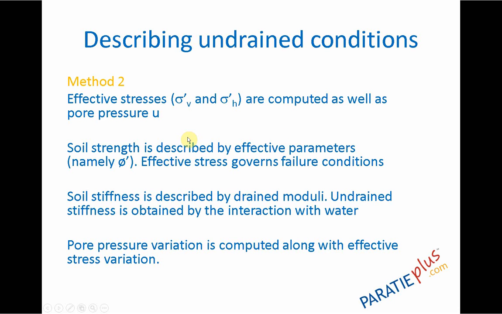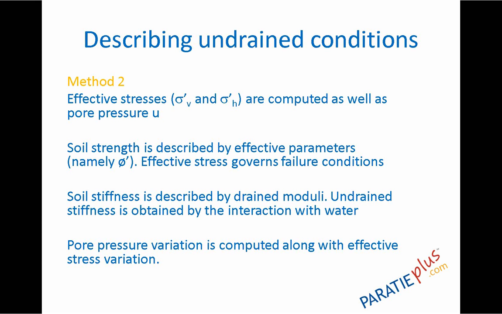There is also a more advanced method that I call method number 2, in which everything, the resistance of soil, is described in terms of effective stress. So the soil strength is related to the effective stress parameters like the friction angle or the apparent cohesion, if any, that govern the failure condition.